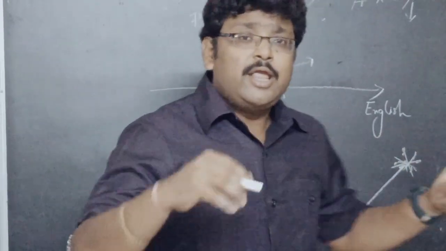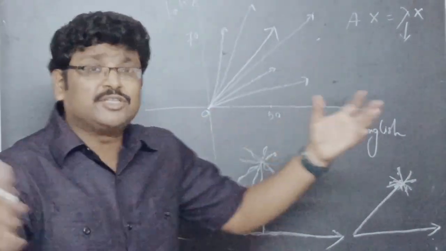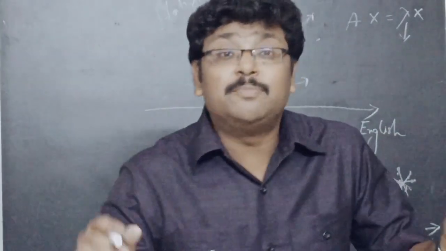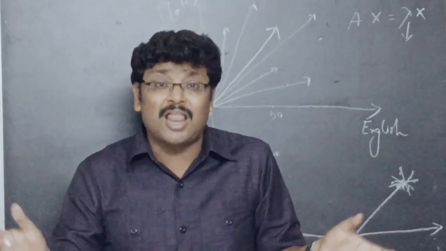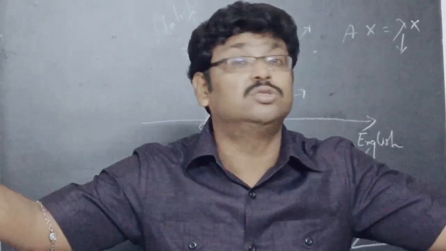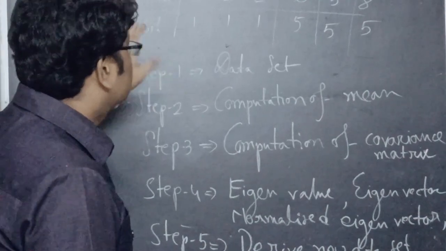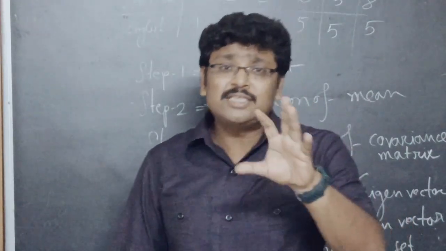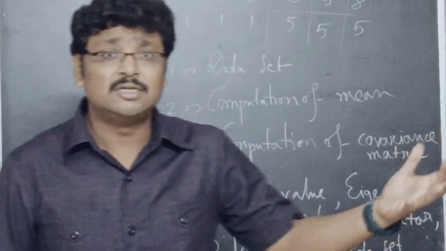Now, I would shed some light on a particular example so that principal component analysis will be very clear in front of you. This example is related to principal component analysis.